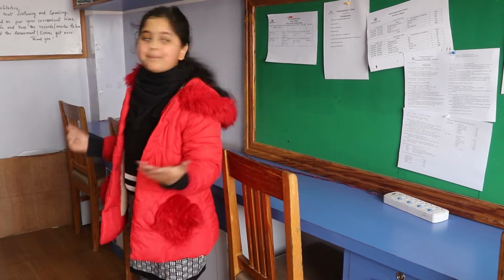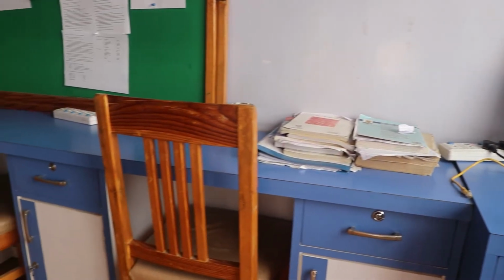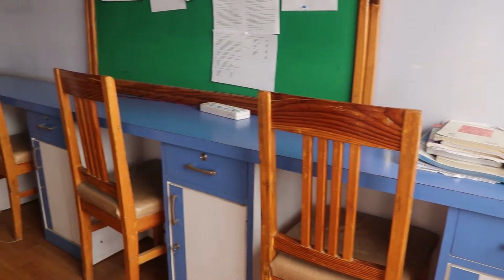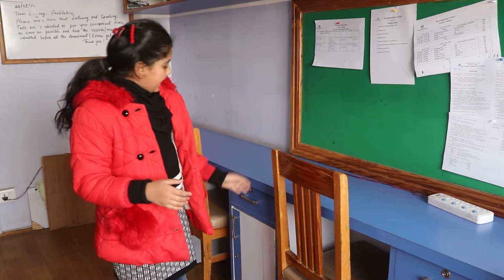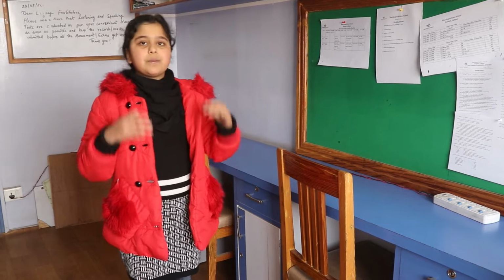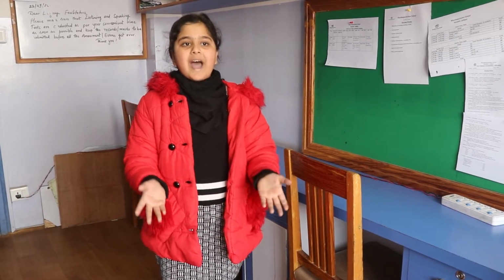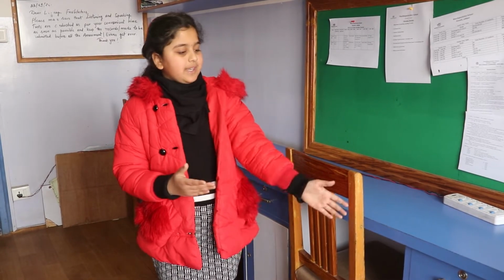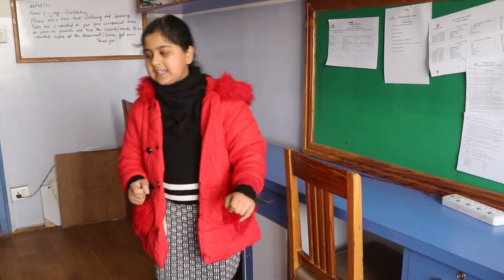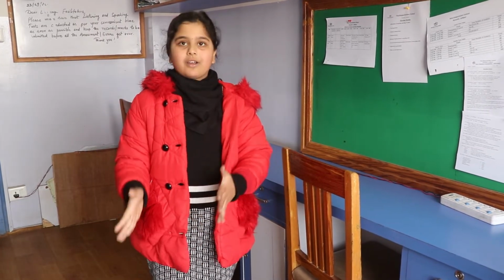So here we have computers for researching for teachers, and here are some chairs and racks to put teachers' book copies, or here are some lockers to keep the teachers' pens, mobiles or tablets or any technologies safely by locking it. And here are all of the teachers' personal lockers.